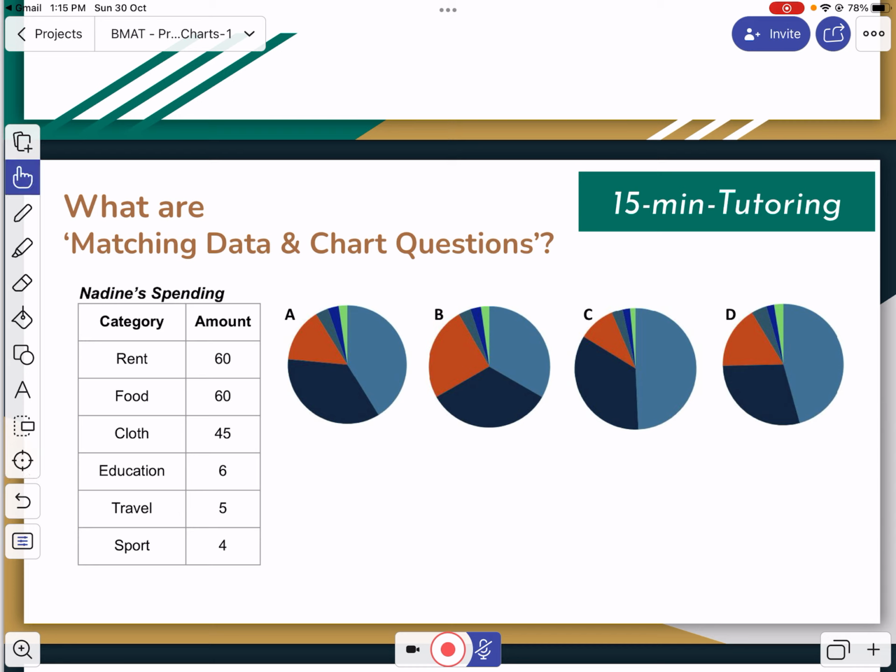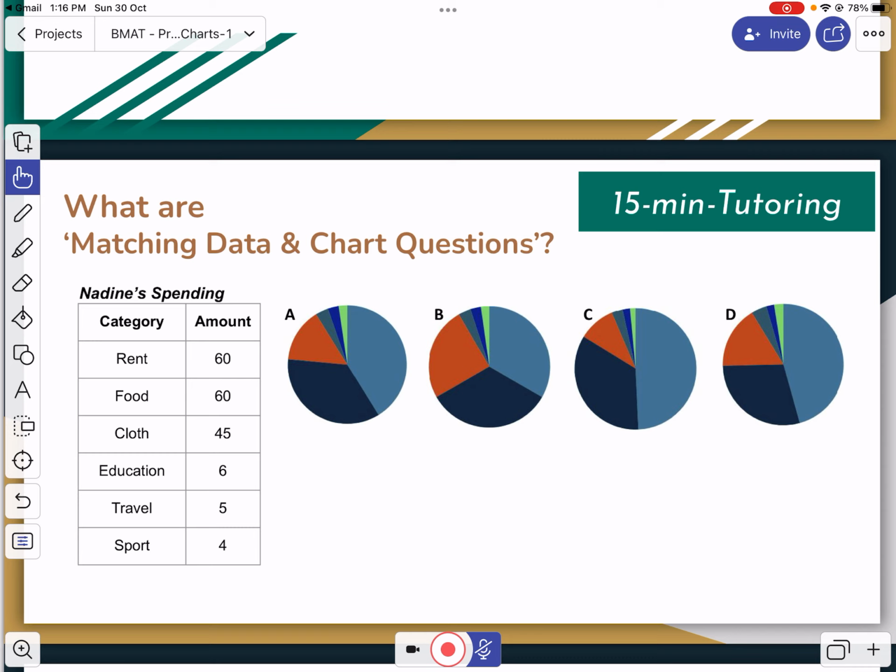So, what are the tools and techniques we use to analyze this question? Of course, you can say that for this kind of question, you can take a piece of paper and then plot or draw an actual pie graph and try to match what you have with the answer choice. That will actually take a lot of time.